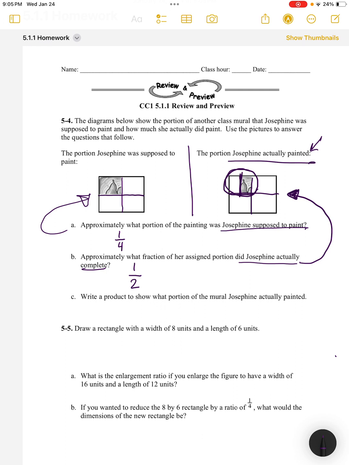Now, the key word here is half of what she said she was supposed to do. So it's 1/2 of, and remember, of is multiplication, 1/4.